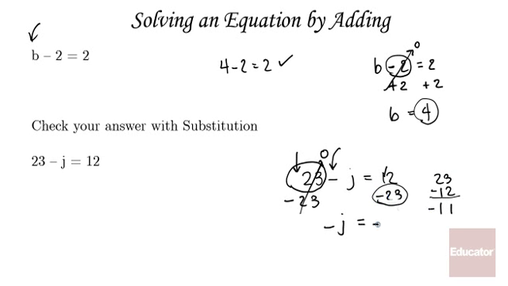A healthy person has a normal temperature of 98.6 degrees Fahrenheit. Suppose a sick person needs to decrease his temperature by 2.5 degrees Fahrenheit to return to normal. Use an equation to find the sick person's temperature. So right now, this person is sick and he has a fever. He's a little bit higher than normal temperature. He's no longer at 98.6, but he's in fact up by 2.5 degrees. So let's use an equation to find the sick person's temperature.